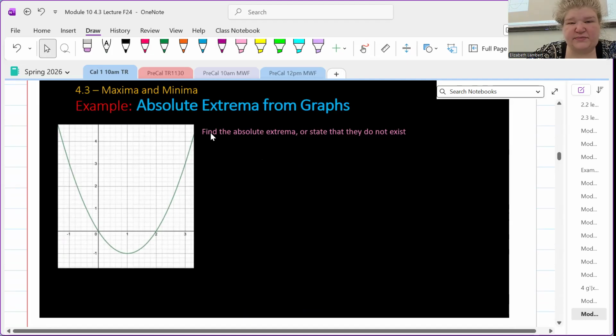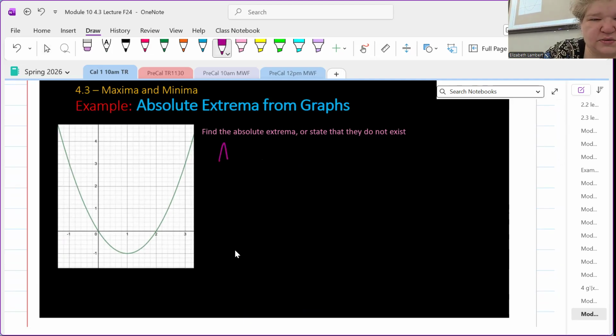All right, so this is asking find the absolute extrema. So absolute max. What's the highest this graph gets? Yep, infinity. So when the highest we get is infinity, then there is no absolute max. So none or does not exist.